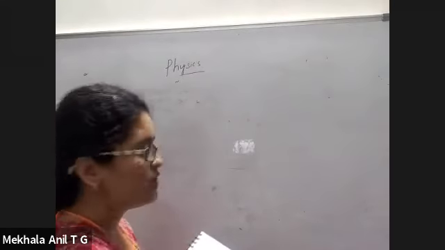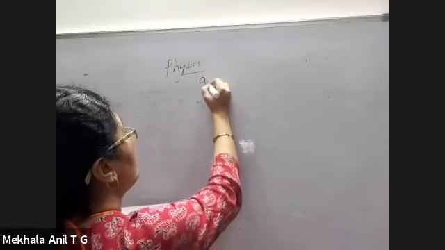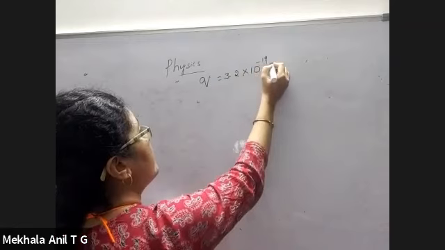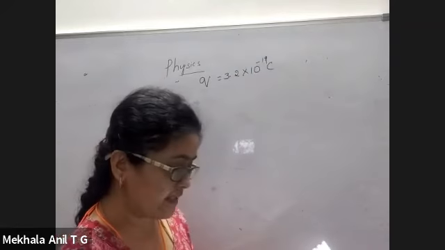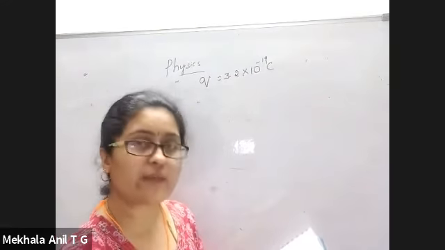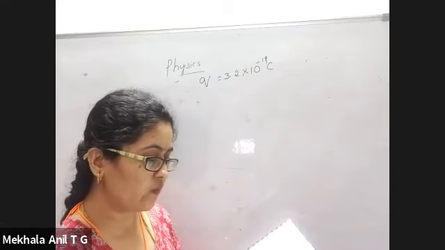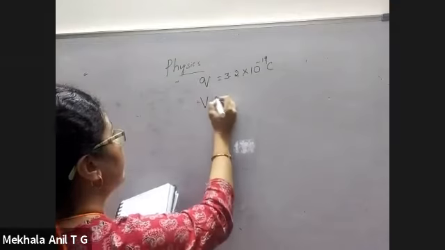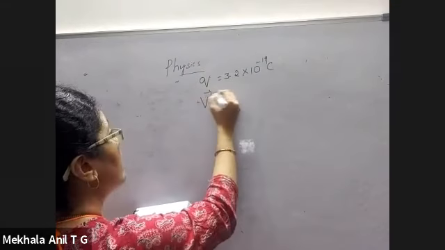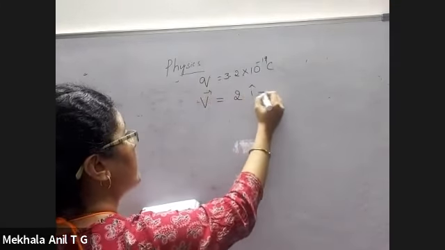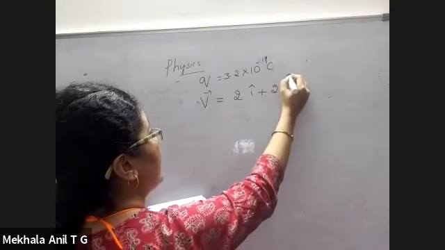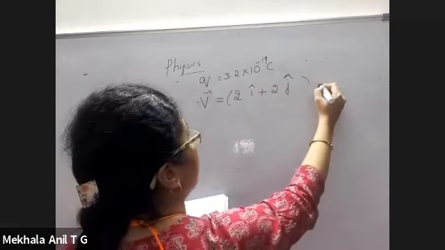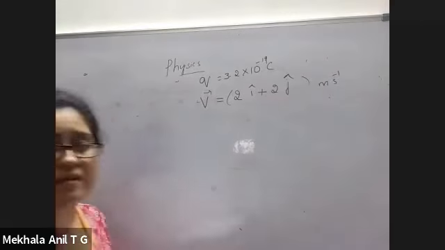A test charge of Q, which is equal to 3.2 into 10 power minus 19 coulomb, is moving with linear velocity V is equal to 2i plus 2j meter per second.